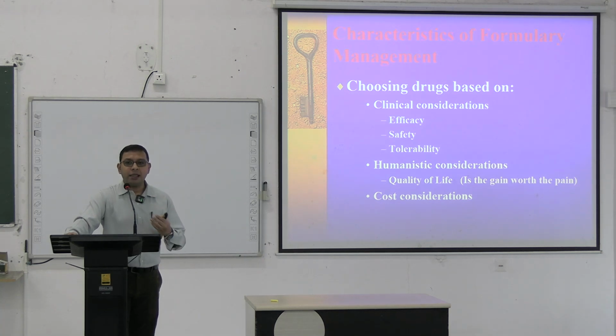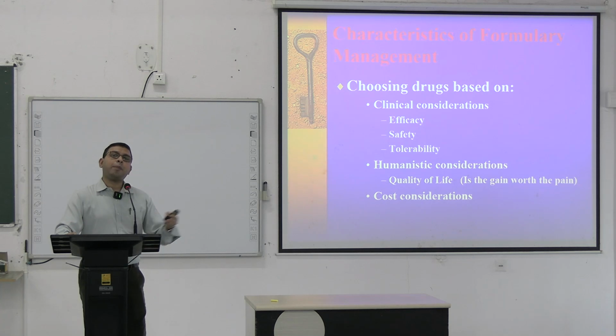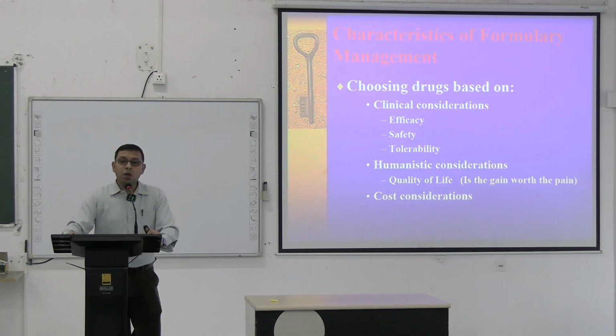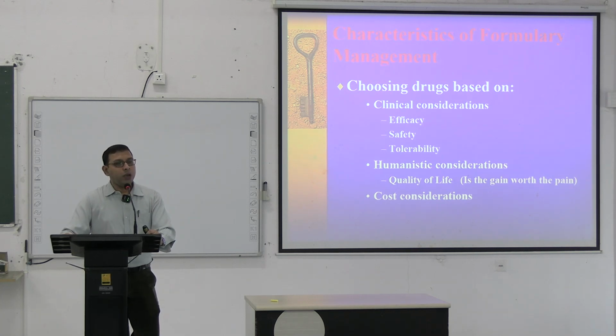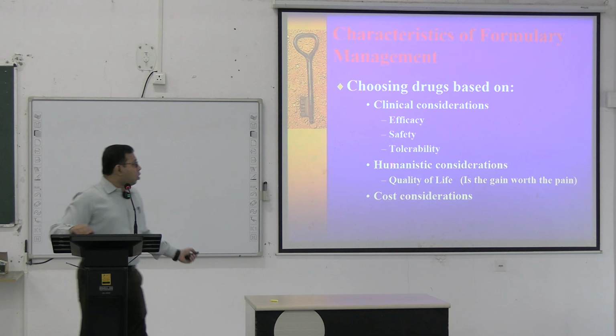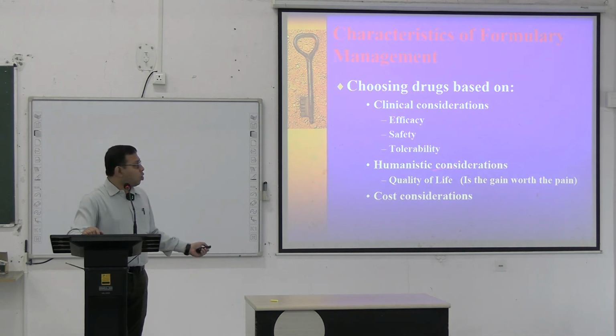Dyspnea means breathlessness, and some patients can have breathlessness with just 2 or 3 steps of walking, or some patients have breathlessness after a 2 to 3 kilometer walk. That ultimately gives an impact on their quality of life. So in spite of having a disease, whether we are improving the quality of life of a patient is also important. So this is the humanistic consideration.